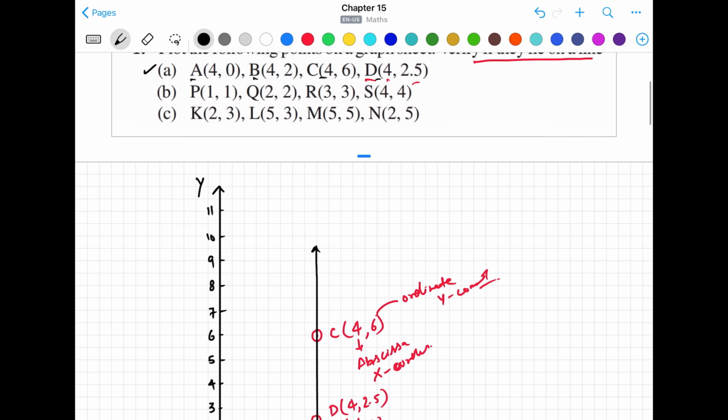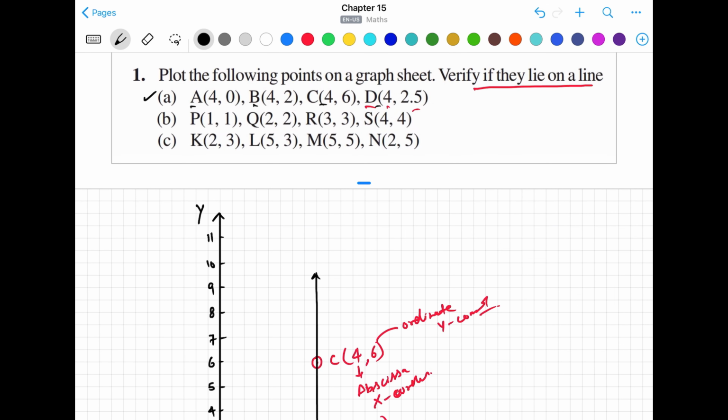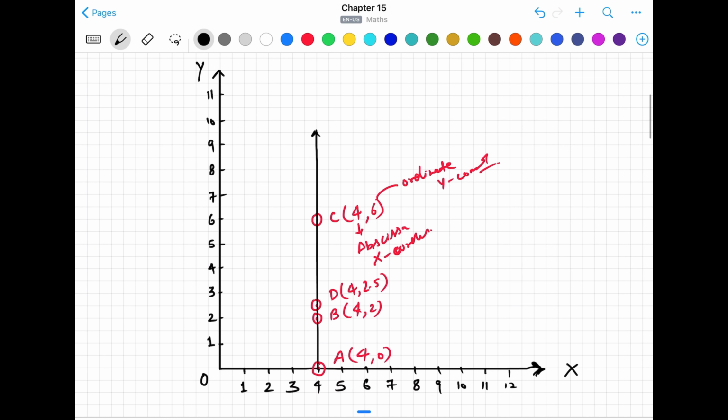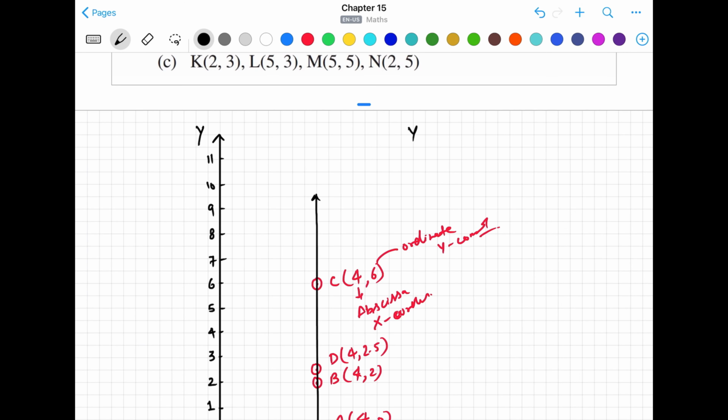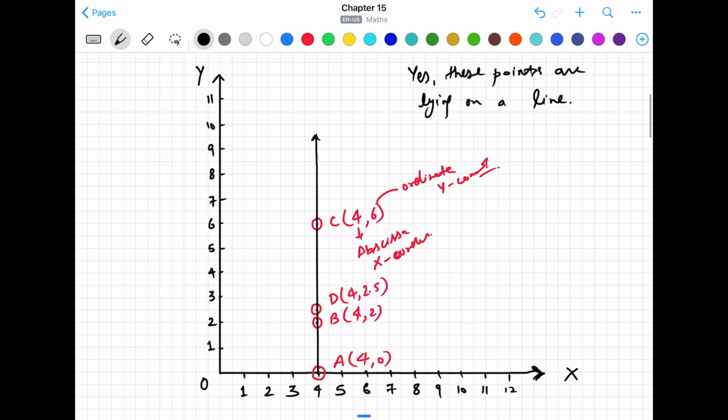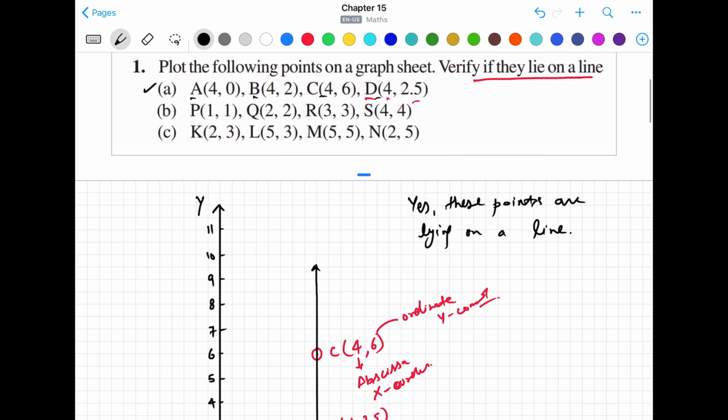So the answer for this one is yes, these points are lying on a line. That means all the 4 points which are given to us are on the same line. Now let's see the next one.